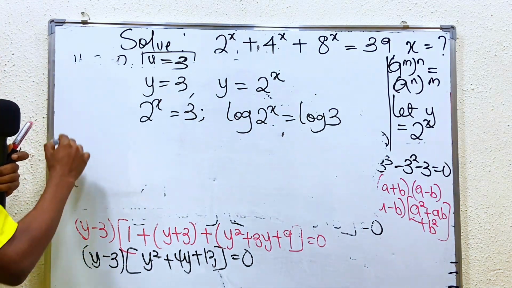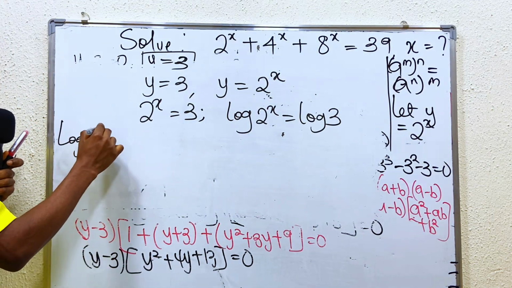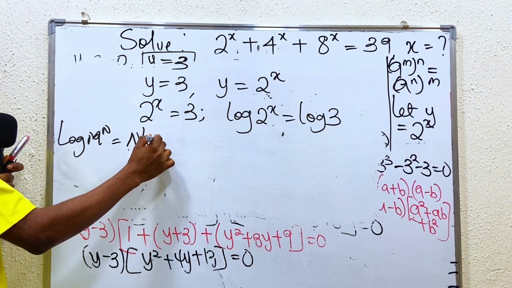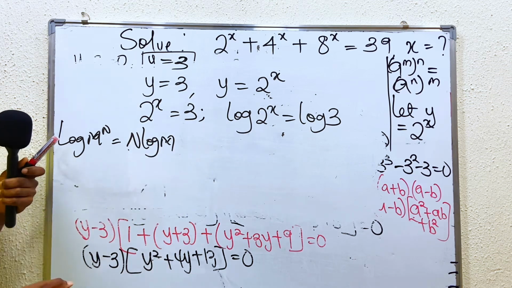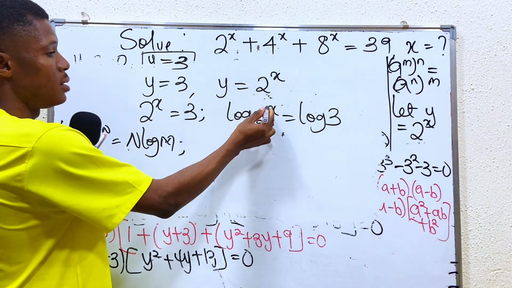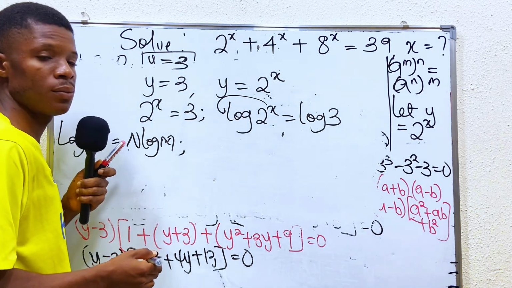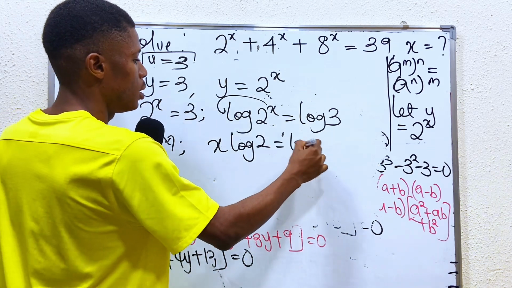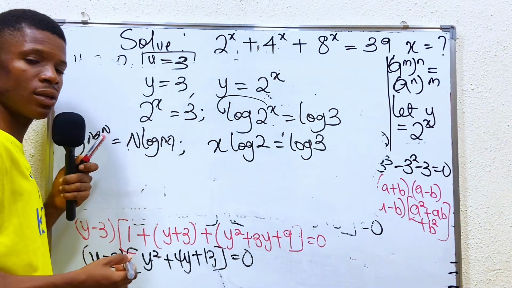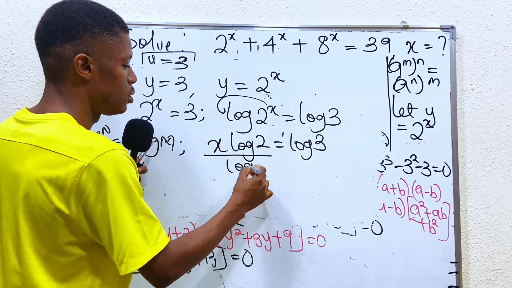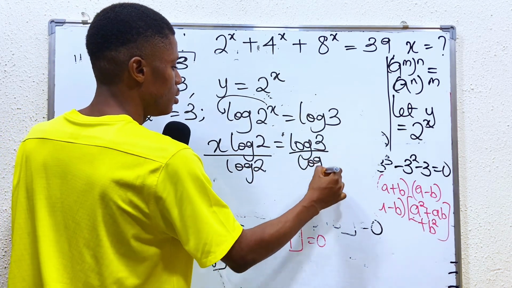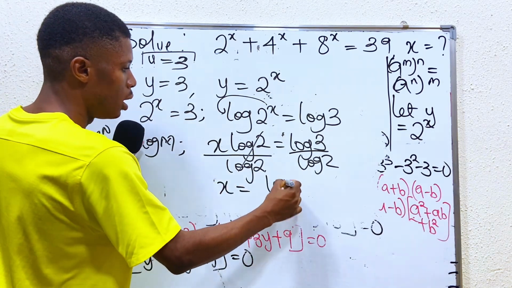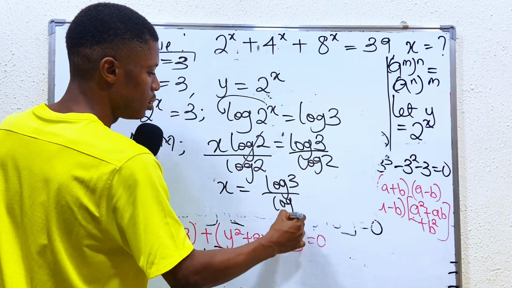So you remember that log m power n is the same thing as n log m. So x can multiply log 2: x log 2 is equals to log 3. Then the next thing we do is to divide by log 2 on both sides. If you divide by log 2, x is equals to log 3 over log 2.